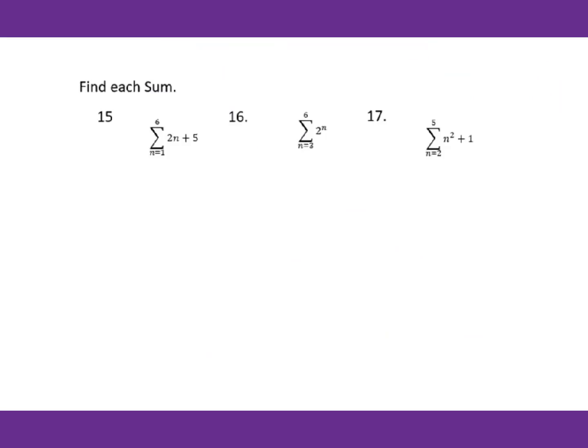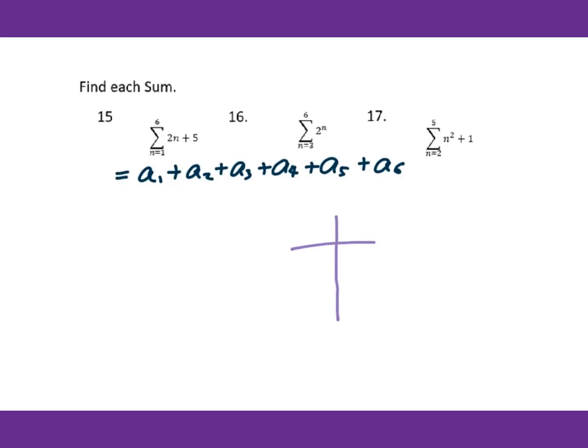For number 15, that equals a sub 1 plus a sub 2 plus a sub 3 plus a sub 4 plus a sub 5 plus a sub 6. Let's make a table, it's easier. I have n, I have a sub n.